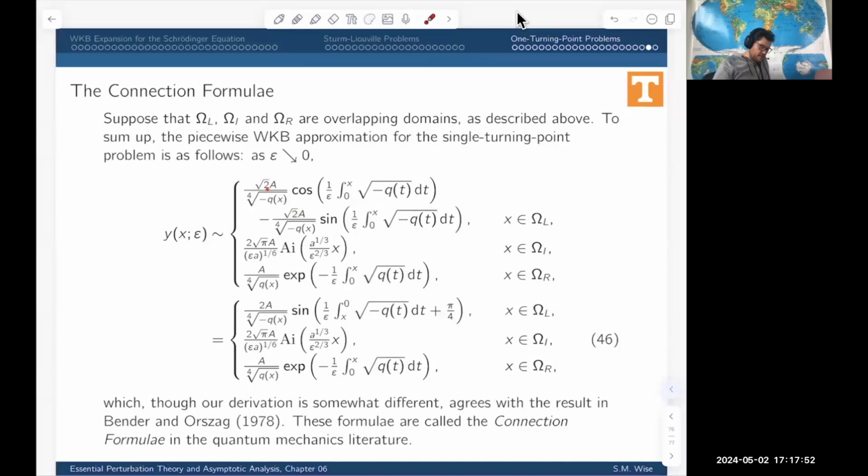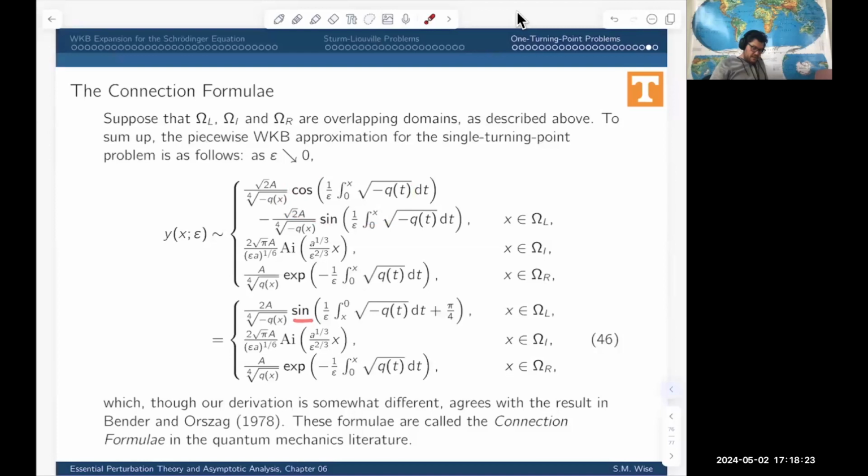E was square root 2 times A. F is minus square root of 2 times A. Then we have the Airy solution in the middle, which joins the two things together, this cosine sine, to this exponential, which exists in the right-hand outer region. You can do a little more massaging of this to get it into a form which only has one term. So if you want to do that and just get a one-term approximation, you can do that.